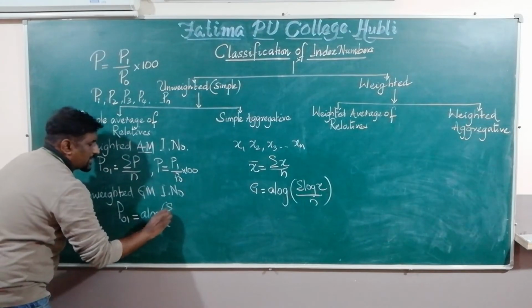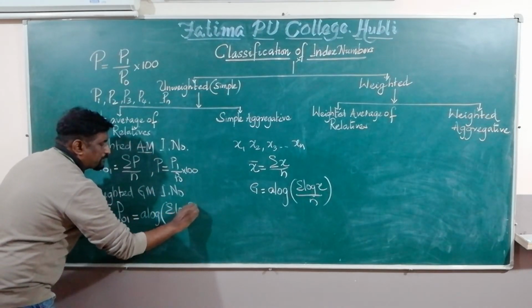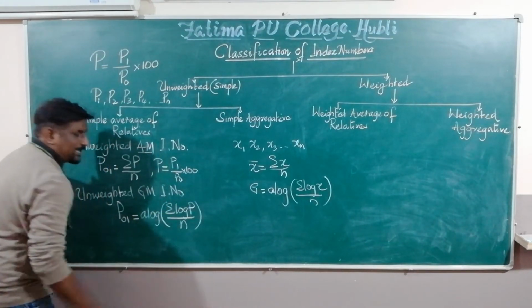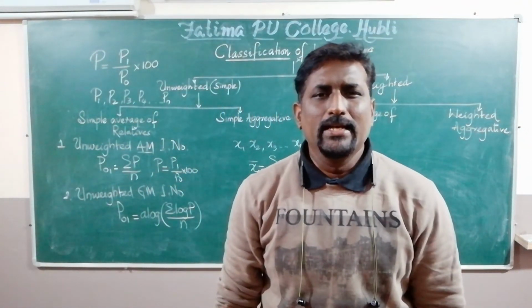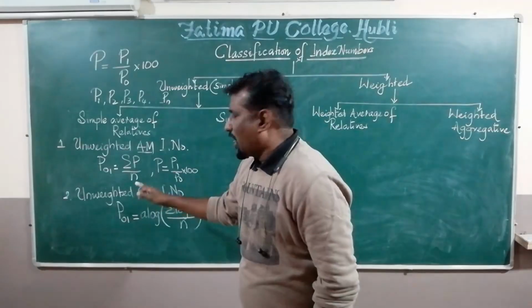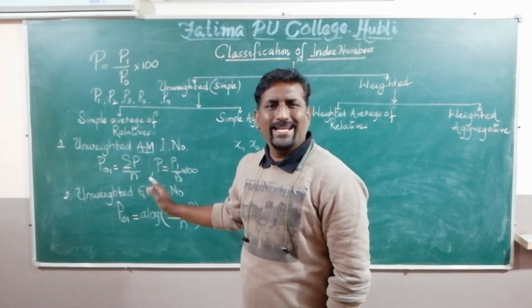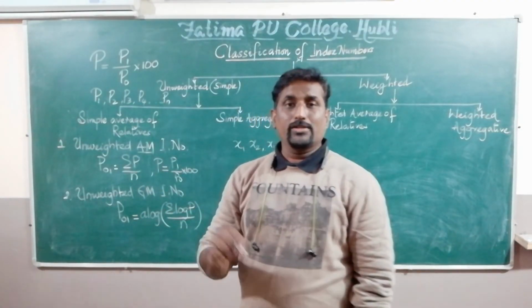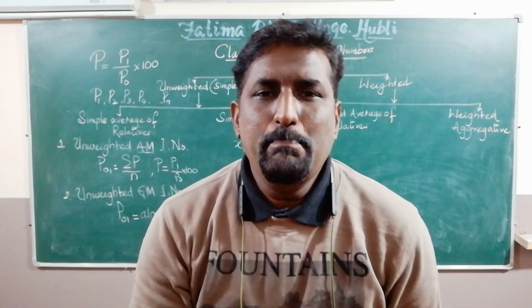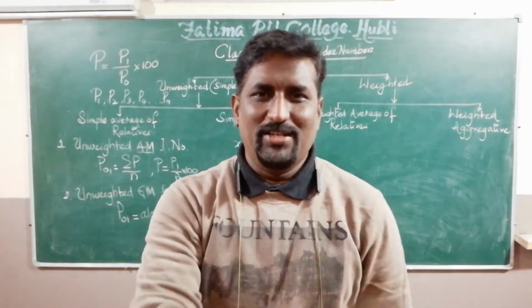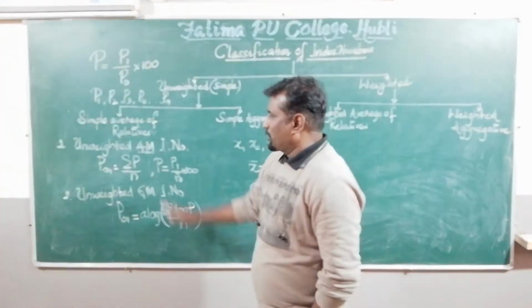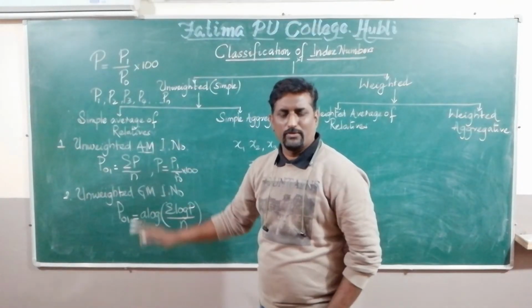Instead of log x, it is summation log of P divided by n. This is the unweighted geometric mean index number. This also can be called simple geometric mean index number, students. Okay, so I hope you have understood this. These are the two formulae that we have.